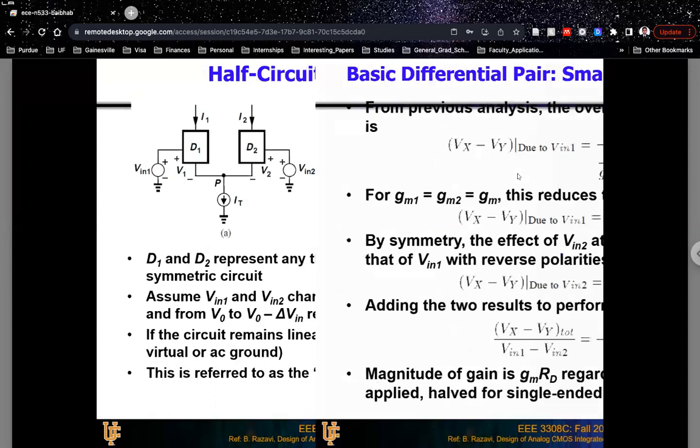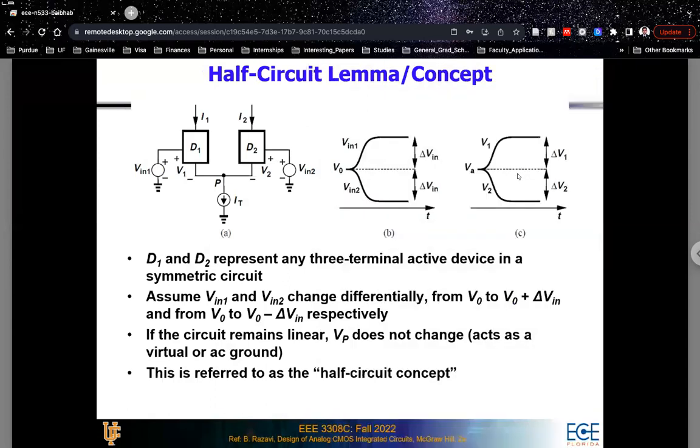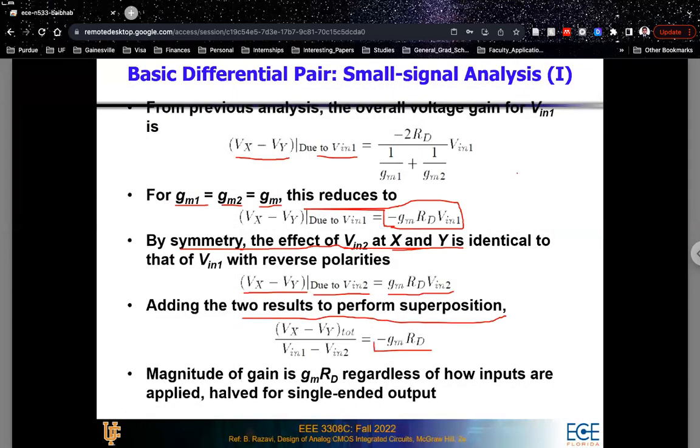Okay. So we'll stop here, and in Monday's class, we'll start discussing analyzing the AC small signal of these differential amplifiers using another approach that is called the half circuit theorem or the half circuit approach. But using the half circuit approach, we'll still prove that the gain will be equal to this minus gm times Rd.